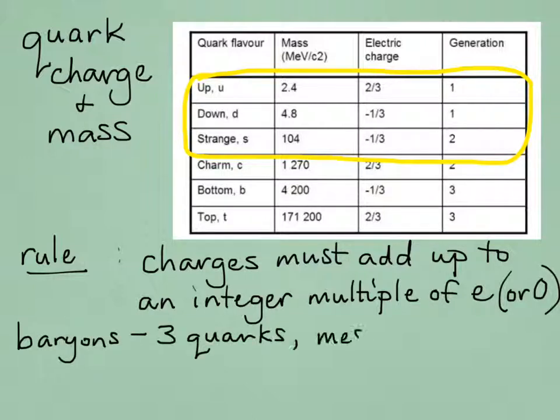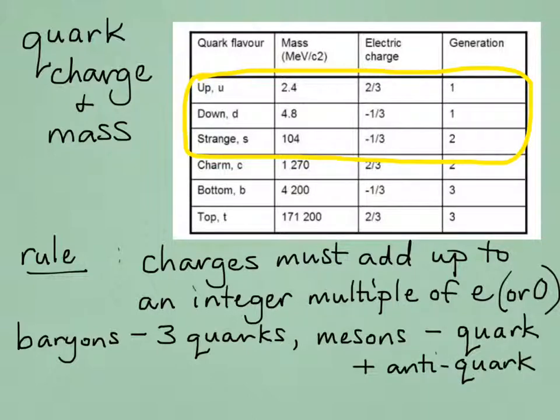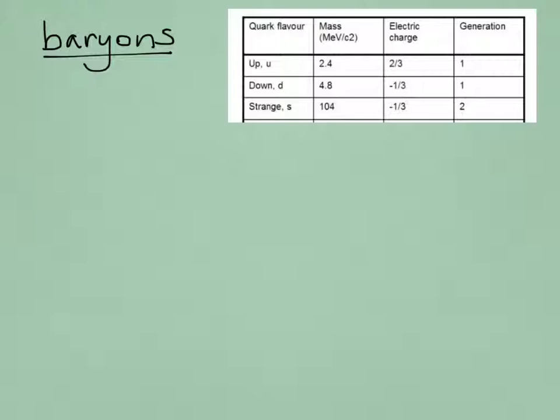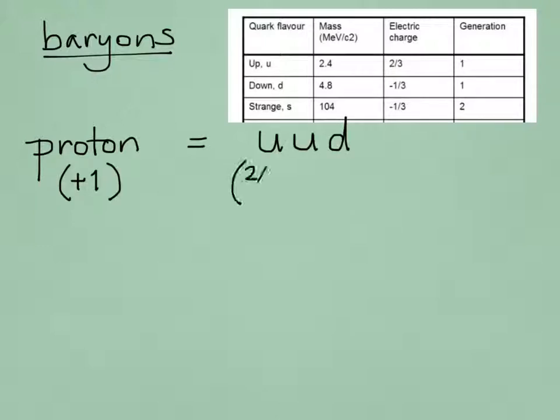So baryons are particles made of three quarks, and mesons are made of a quark and an antiquark as a pair. So let's start with baryons. Remember, we're just looking at the first three quarks, up, down, and strange. The most common baryon, and indeed the most stable, is a proton.